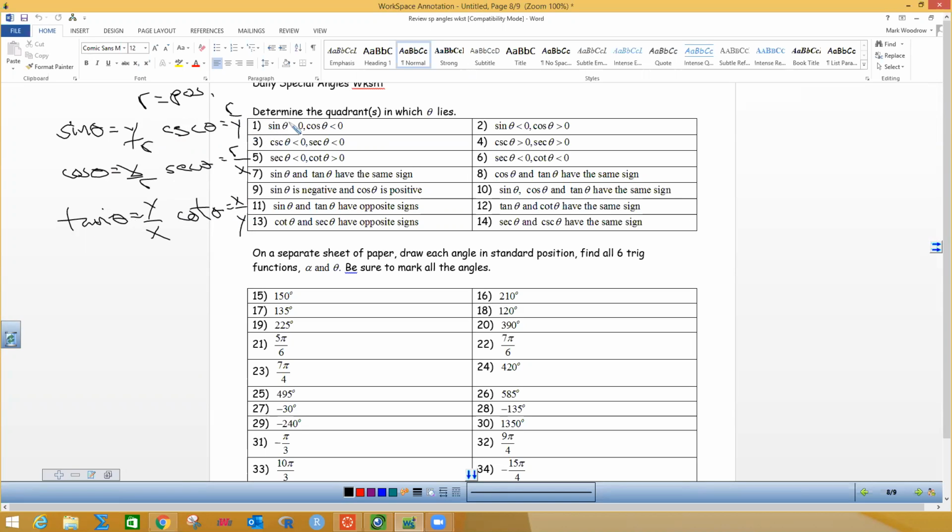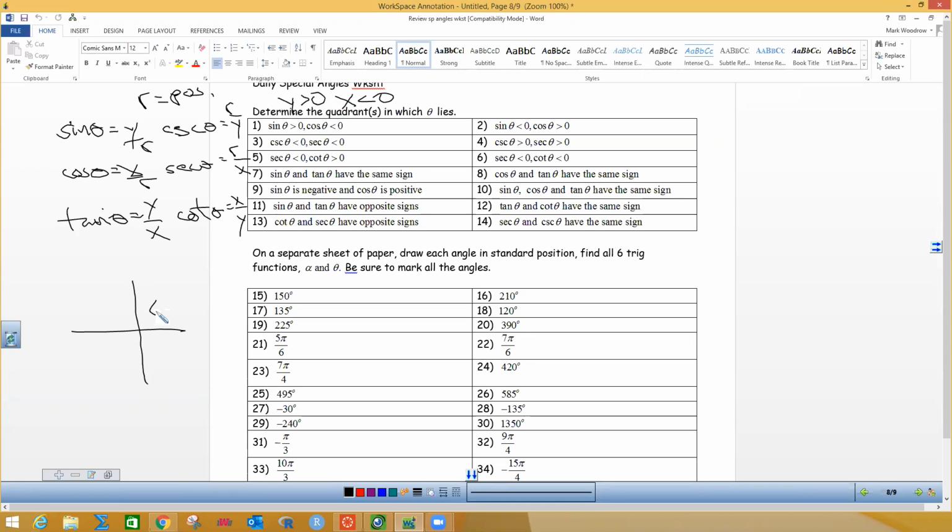So I'm going to do this number one. It says sine of theta is greater than 0. So that means y is greater than 0, and cosine goes with x, and x is less than 0. So I want to know what quadrant this is true in. So where's y greater than 0 and x less than 0?